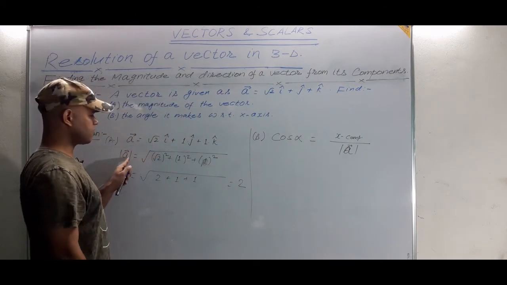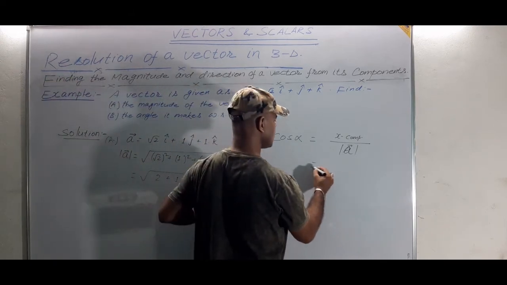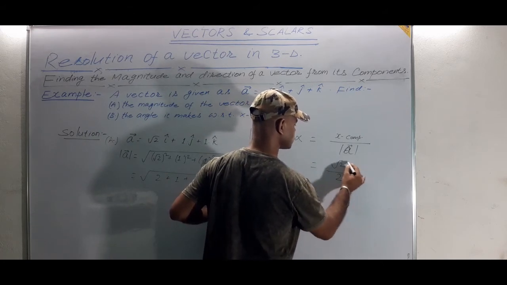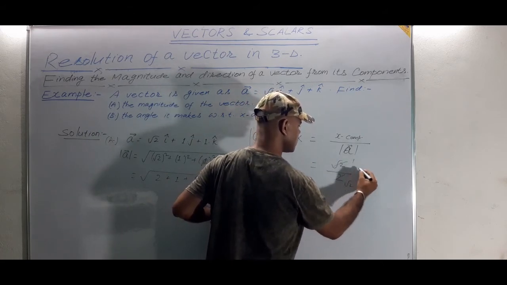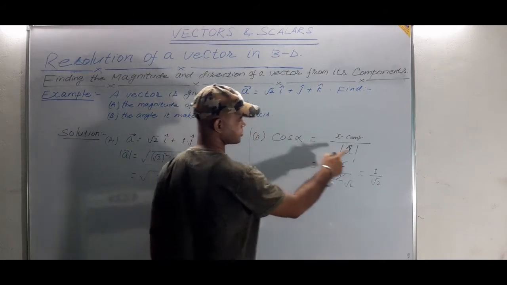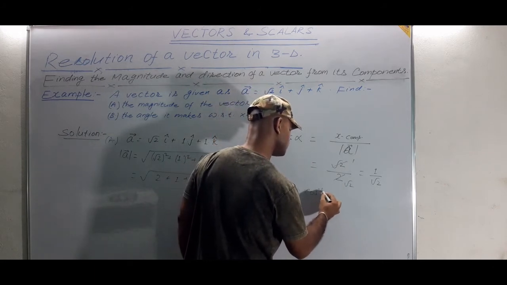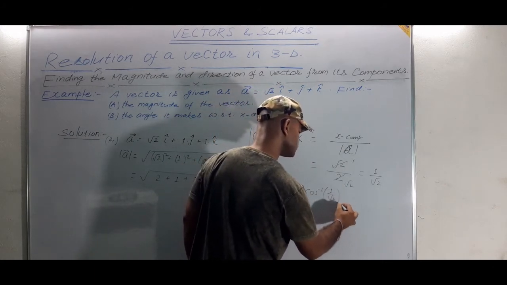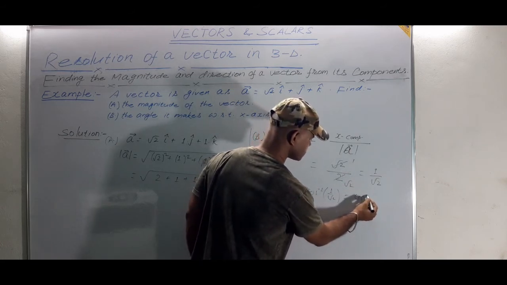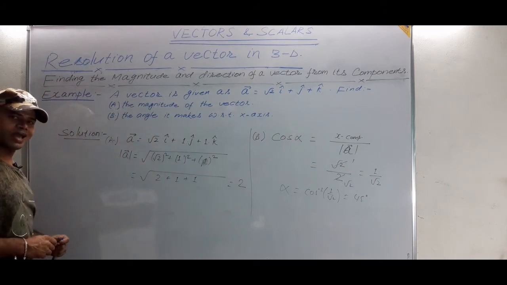What is the magnitude of the vector? That is 2 units. So simply substitute the values here. X component is root 2 and magnitude of the vector is 2. So how much do you get? 1 upon root 2. So cos of alpha is 1 upon root 2. So alpha is cos inverse 1 upon root 2, means 45 degrees, right? So the vector is aligned at an angle of 45 degrees with respect to x-axis.